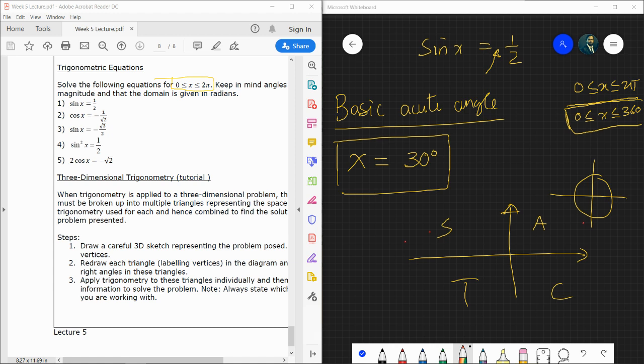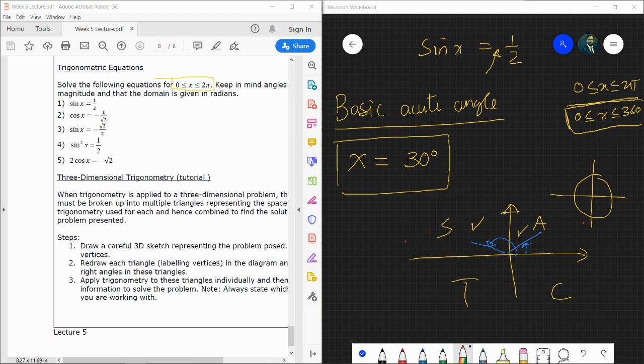If you look at this, where is sine positive? Sine is positive here, sine is positive there. So in other words, sine is positive here, and there can be another angle where sine is positive there. So you literally solve the problem.